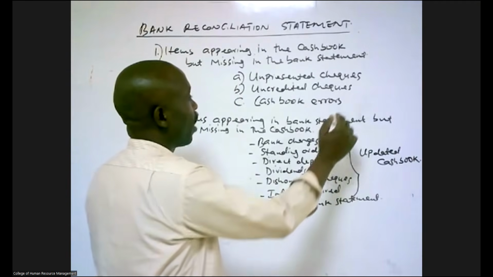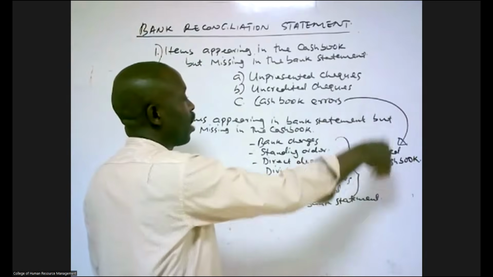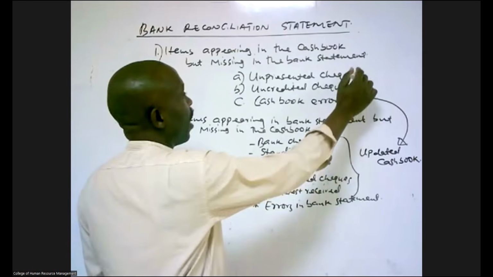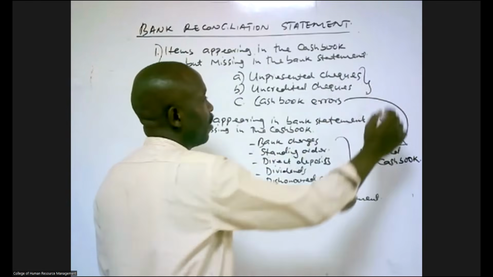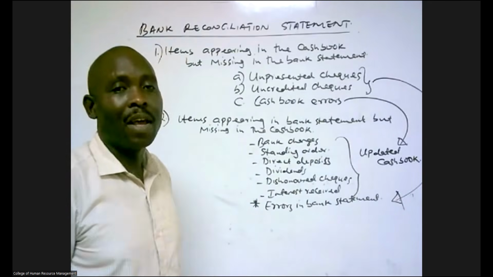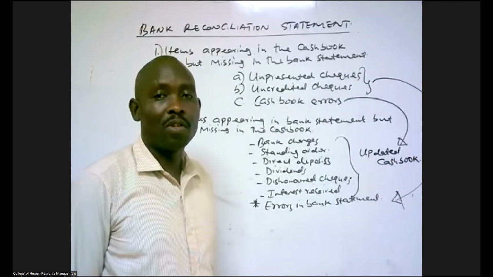And then, together with the errors, this one also comes here. The errors in the cash book are also used in updating the cash book. Then these unpresented and uncredited checks, together with any error that might have occurred in the bank statement, are used now in reconciliation.